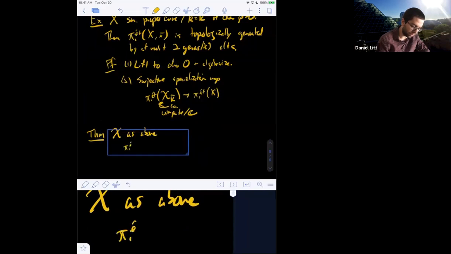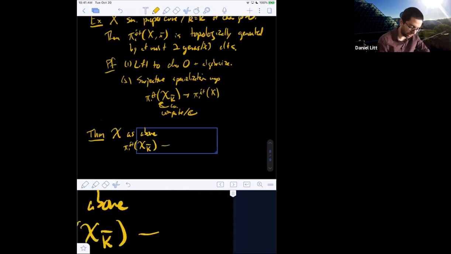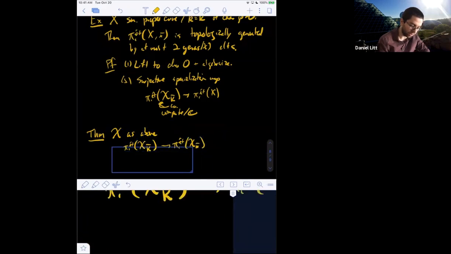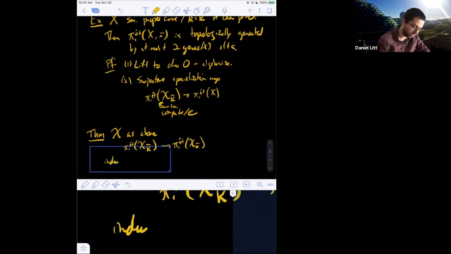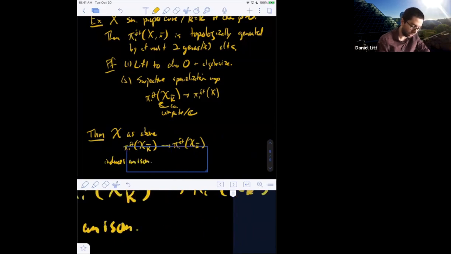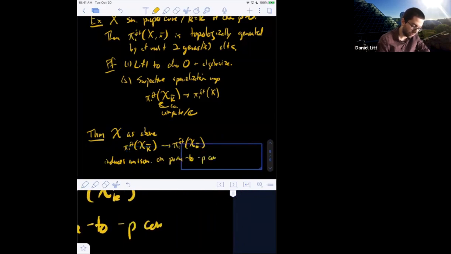Then we have this map from pi1 of the geometric generic fiber of X to pi1 of the geometric special fiber of X. This induces an isomorphism on prime to P completions, where P is the residue characteristic.